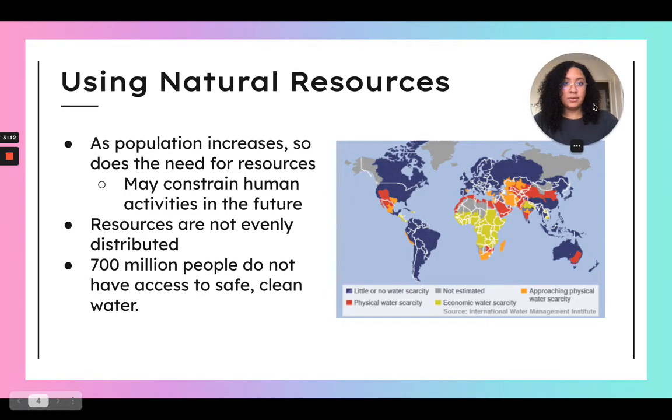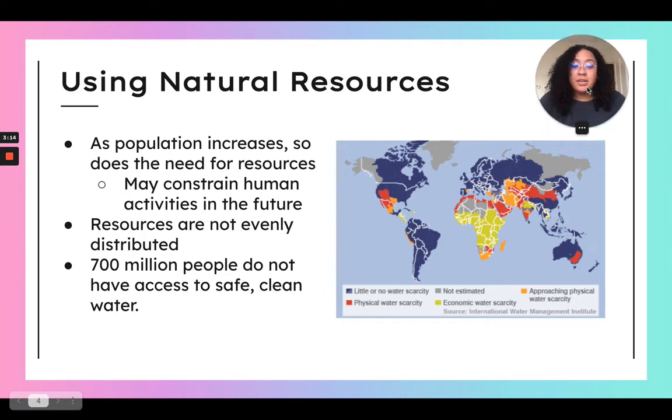Okay. So population relies on the resources available. As population increases, so does the need for resources. Everyone needs to eat, everyone needs to have shelter, everyone needs to have water. And as we see these increases in populations, this may cause some constraints in human activities in the future.